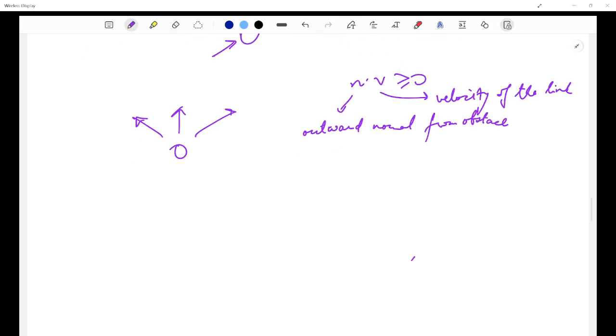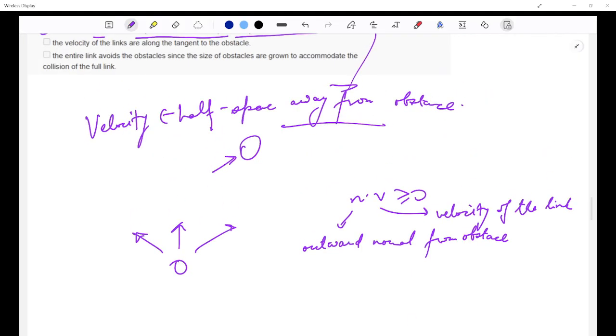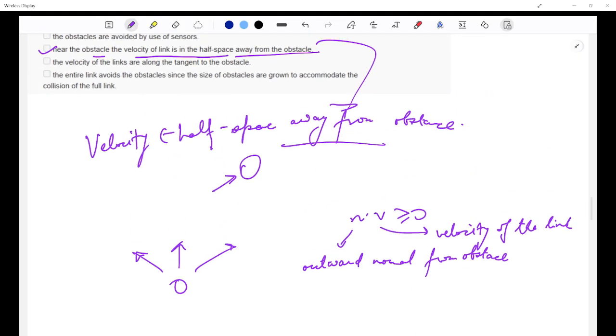Okay, now regarding obstacle enlargement, if the obstacle is grown by the length of the robot link, that means if the link endpoint avoids the enlarged obstacle, the entire link avoids the real obstacle.